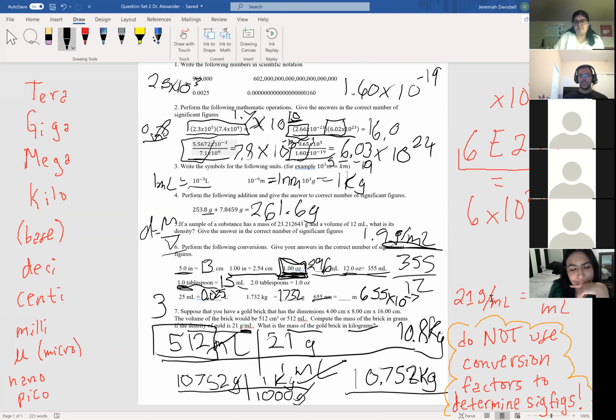And then we can go into the density to get to grams, because the grams per milliliter helped us to get rid of the milliliters. Does that make sense? Any questions on the last two question sets that we've done? No? Pretty simple.